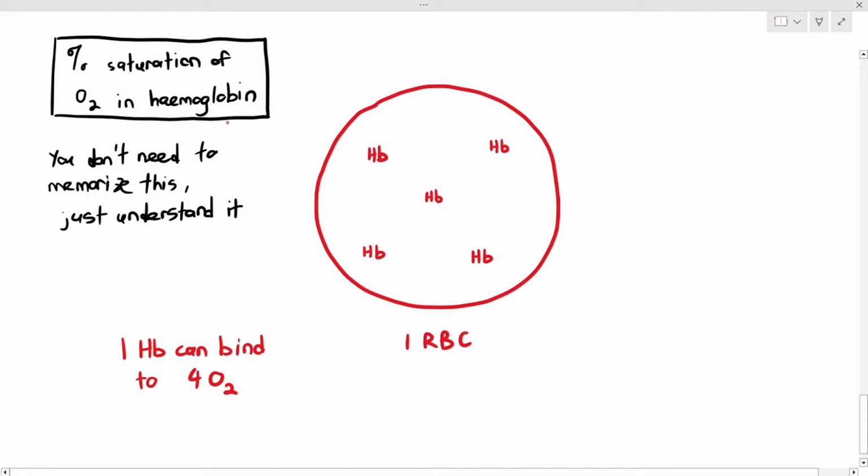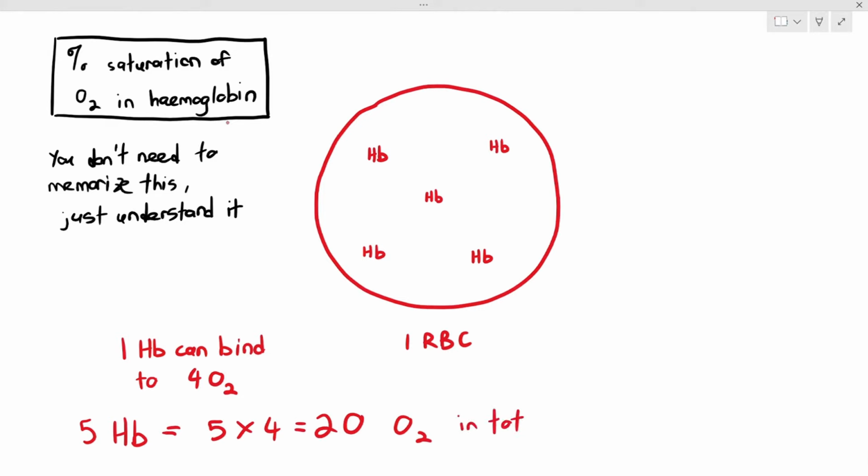So my question to you is this: if this red blood cell has 5 hemoglobin, how many oxygen molecules can it carry at maximum capacity? The answer is, 1 hemoglobin can bind to 4, but since this red blood cell has 5 hemoglobin molecules, it can carry a total of 20 oxygen molecules.